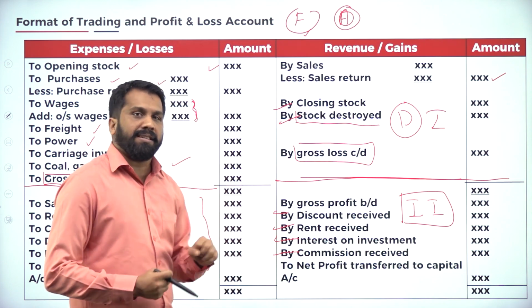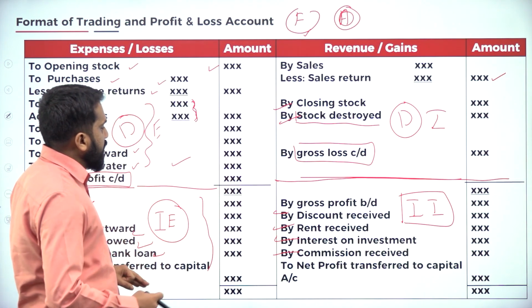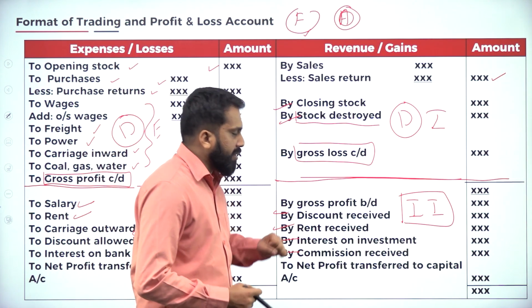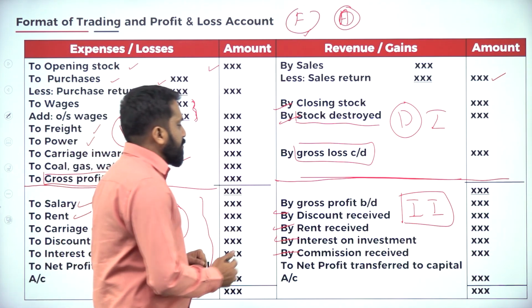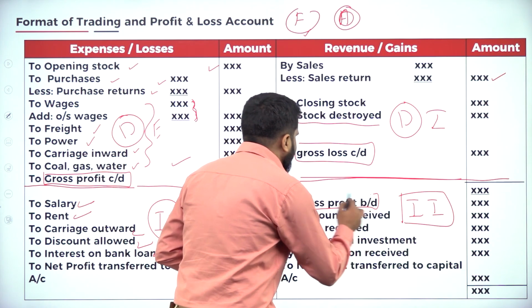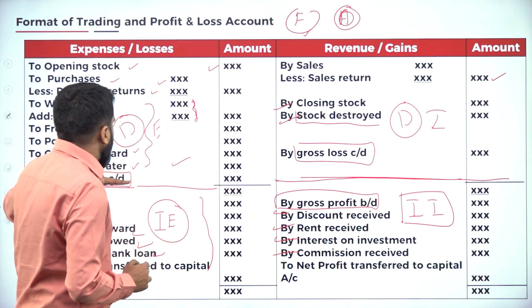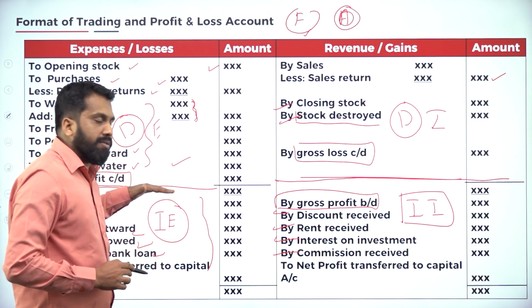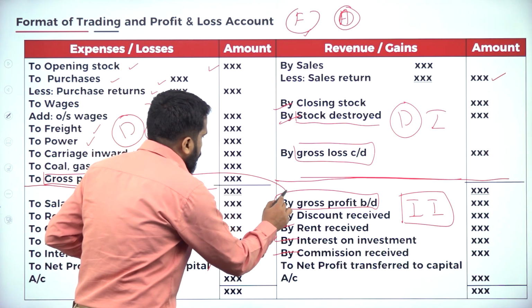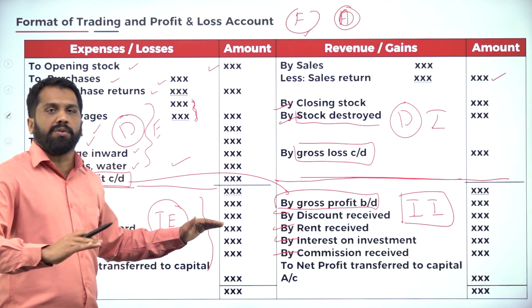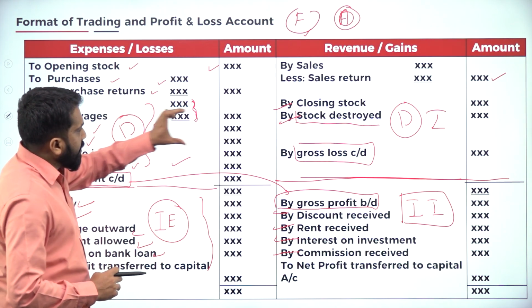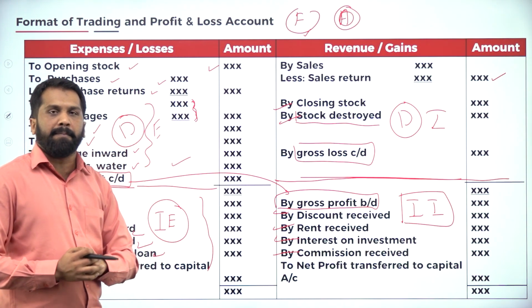Whatever you have paid, debit side. Whatever you have received, that is credit side. Now, what is this gross profit brought down? Very simple. Whatever gross profit carried down is there, the same thing we will copy. While doing the problem, you will understand. Don't worry about that. Just remember these points. Clear? Yes.